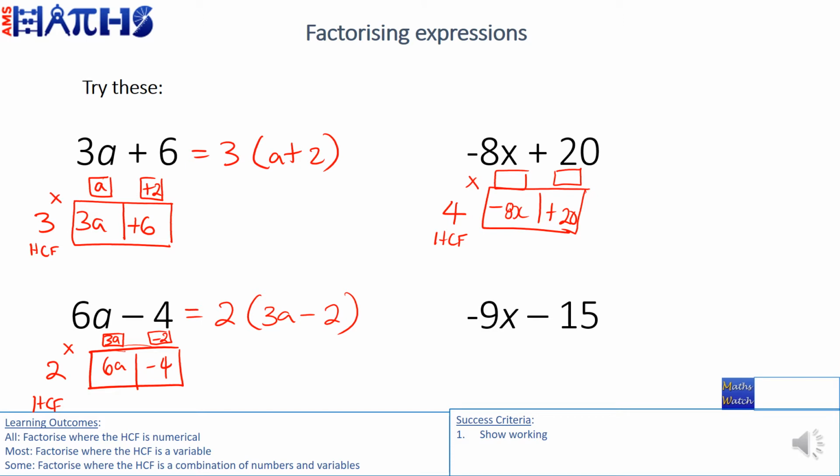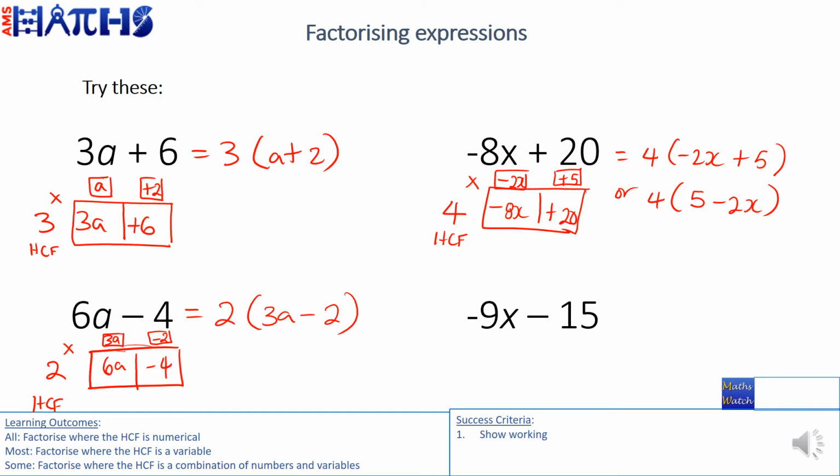So 4 times minus 2x will give us minus 8x, and 4 times a positive 5 will give us positive 20. So our answer is 4, open bracket, minus 2x plus 5. We can also rewrite that as 4, open bracket, positive 5 in front, then the minus 2x afterwards.